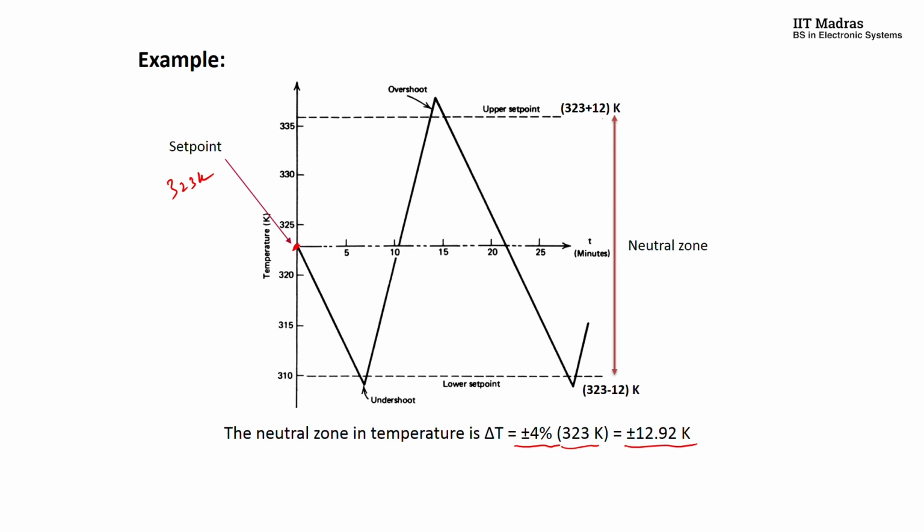That means you have plus or minus 12.92 Kelvin, which added to the set point comes up to 335 Kelvin, and the lower limit goes down to 311 Kelvin. So between these two temperature limits, you will have the on-off control, and this is called the neutral zone.